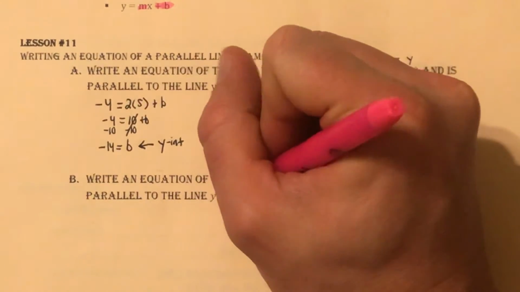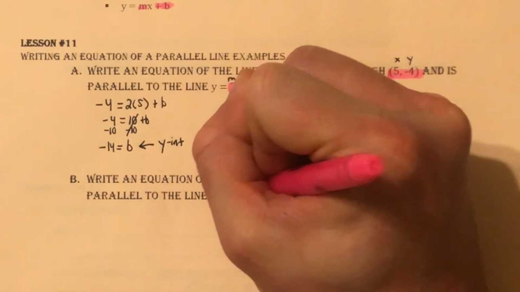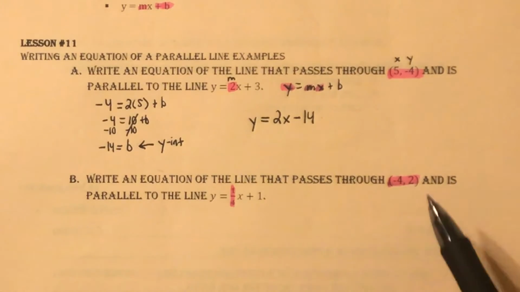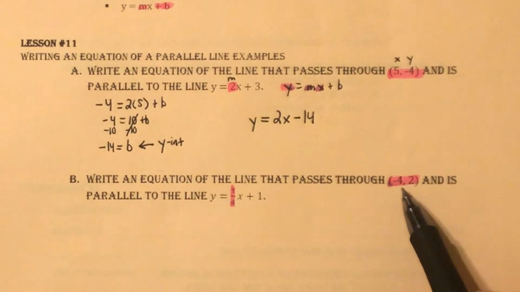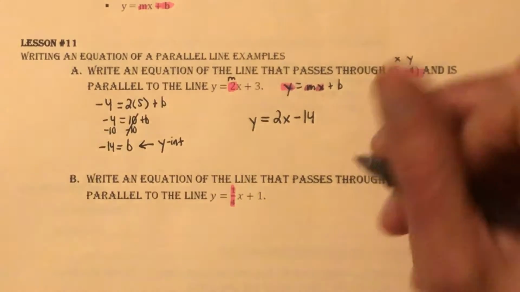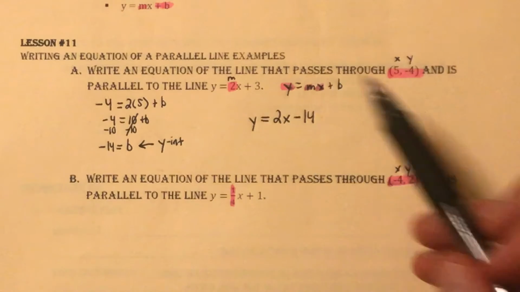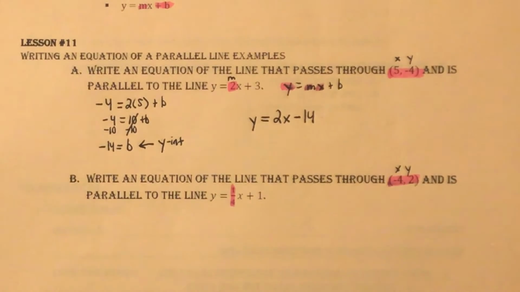Again, to determine the slope, I see that the slope is 1/4. So there is my slope. Then I need to take this information and plug it in. Remember, this point of negative 4, 2, that's your x and that's your y. So here's my x and my y, and I need to plug that information into y equals mx plus b.